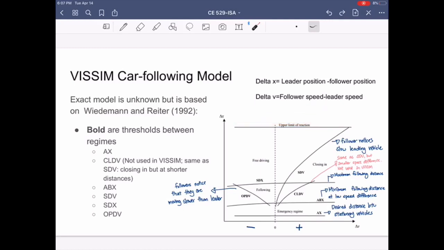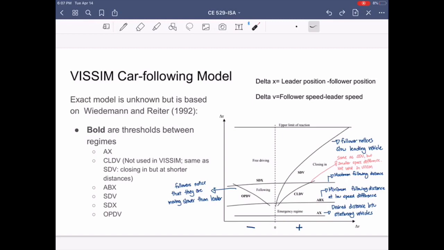Free driving is also the zone where the driver is not influenced by the leader's action due to the large relative space. However, as the follower passes the SDV threshold and enters the closing in regime, the follower notices a slow leading vehicle and decelerates in order to avoid collision.